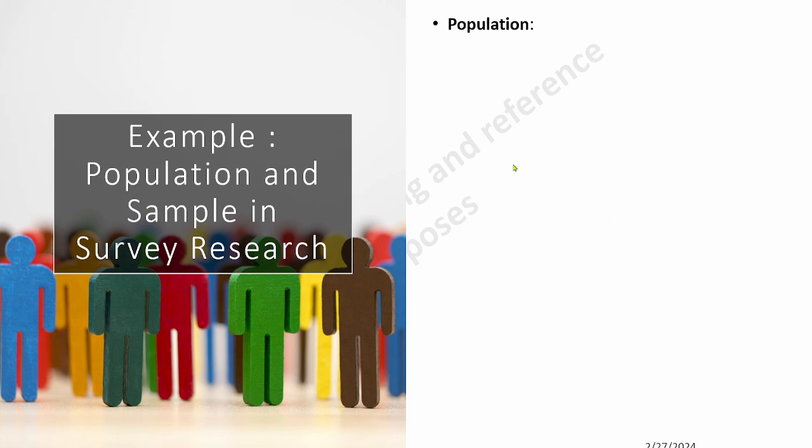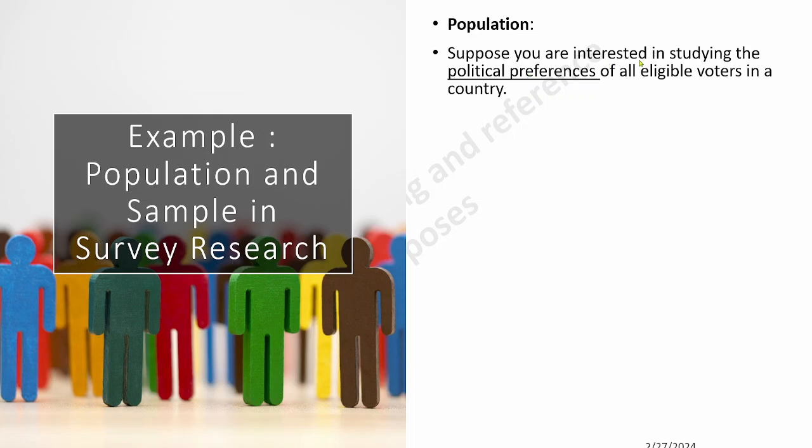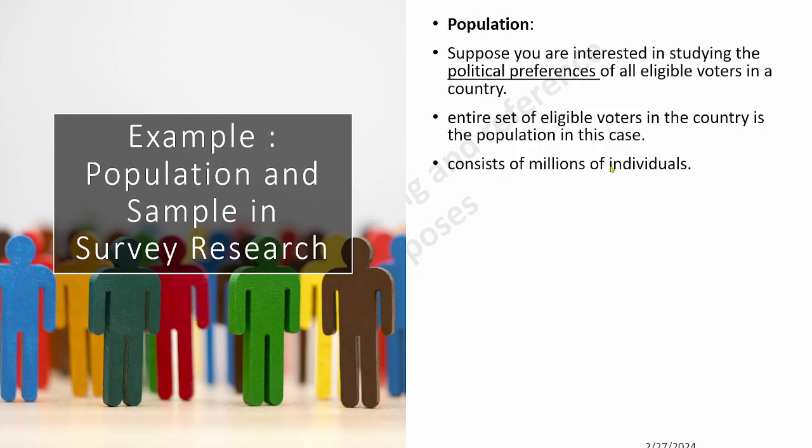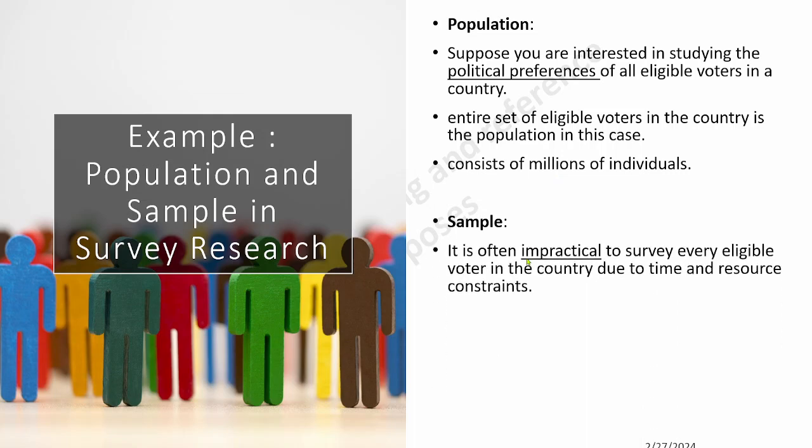So let's take another example. Suppose you are interested in studying political preferences of all the voters in a region or a state or a country. Then the entire set of eligible voters is your population. Consider that it's maybe millions of individuals, and it's really not possible to conduct a survey with millions of individuals. So instead, we do sampling.